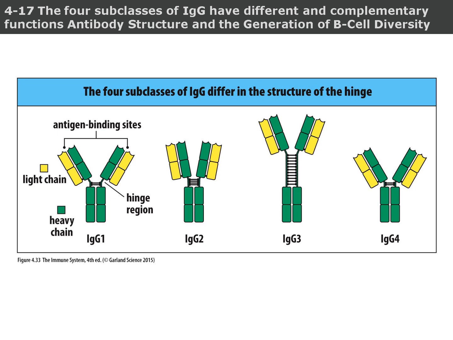The antigen-binding sites are formed by the variable regions at the tips of the light and heavy chains. What differentiates immunoglobulin G1, 2, 3, and 4 is the structure and flexibility of the hinge region, which connects the arms to the body of the molecule.